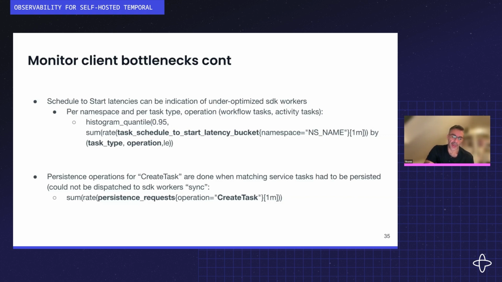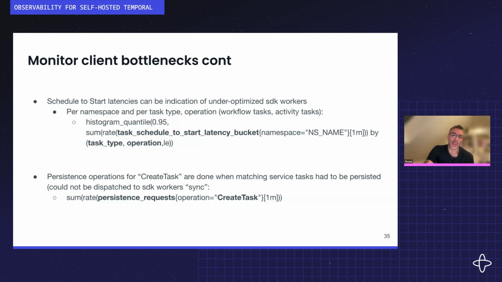Most of the time it can be related to clients needing to rate limit certain activities that access downstream services that could be rate limited, either on the worker level or on the task queue level itself. So it's not necessarily an indication that something is wrong, but if it's unexpected, then that's something that could be improved.